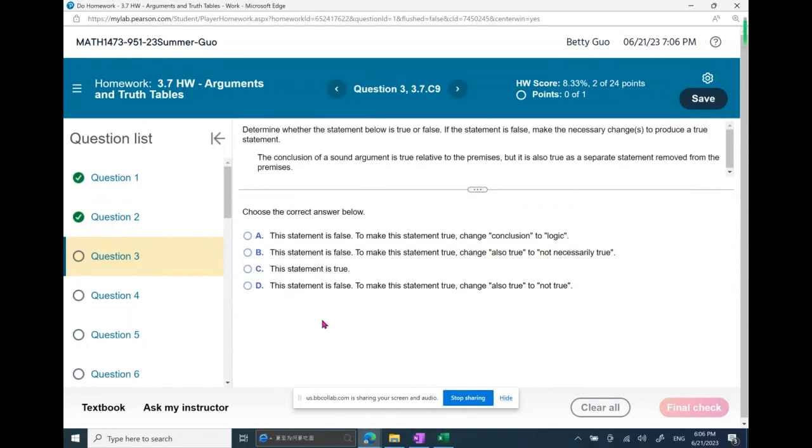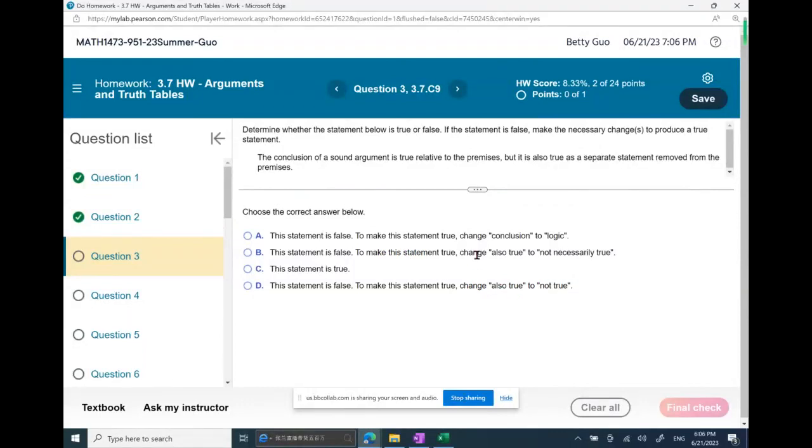Let's see. I think this is not true. This is false. If we change the conclusion to premises, that would be sound. Change conclusion to logic.